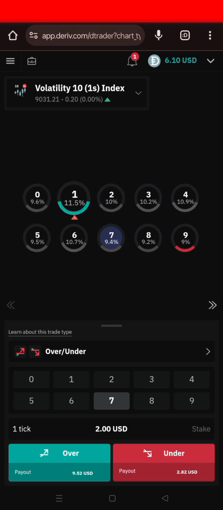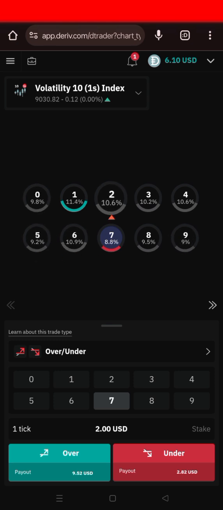Despite that, you should ensure that number is good. 9.3, 9.2, 9.2. Okay, no problem. So we check for the entry. I'll wait for 2 numbers to touch either 7, 8, 9 and I purchase. So let's wait and see how we go about it. So risk management, guys, remember, do not compound your capital.